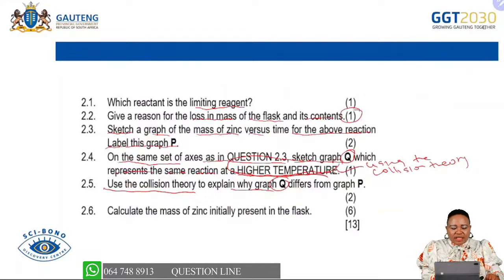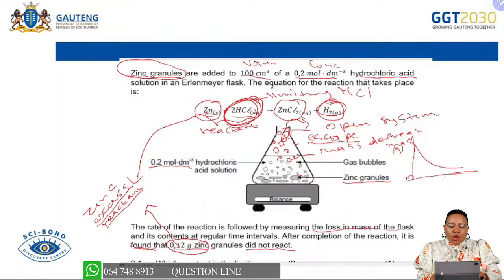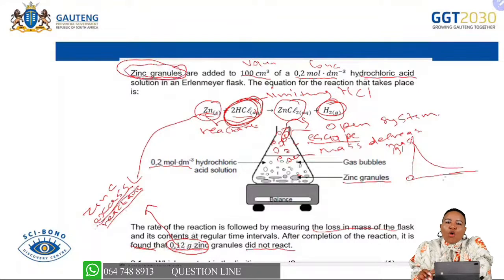And then the last question says, calculate the mass of zinc initially present in the flask. Already we know that our zinc was our excess reactant, and we are told that 0.12 gram of zinc was left. So we want to know the amount of zinc that was used in order for us to combine with what is left to find the initial amount of zinc.